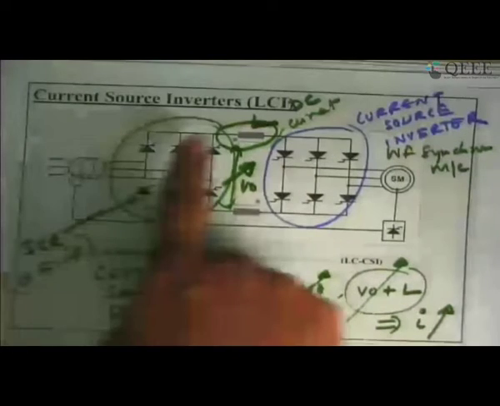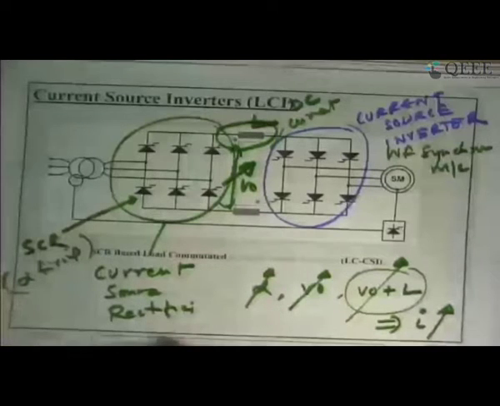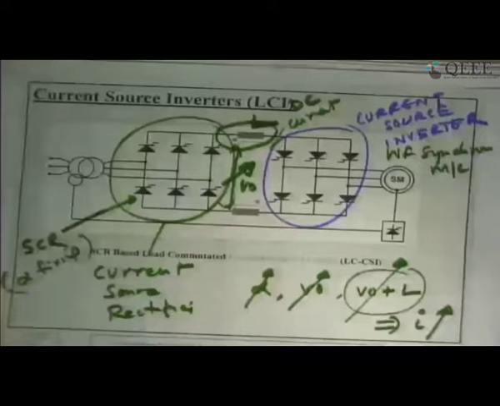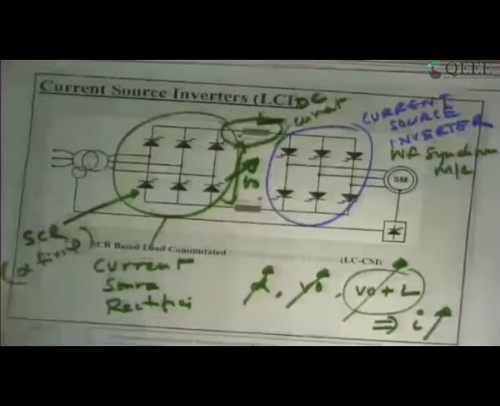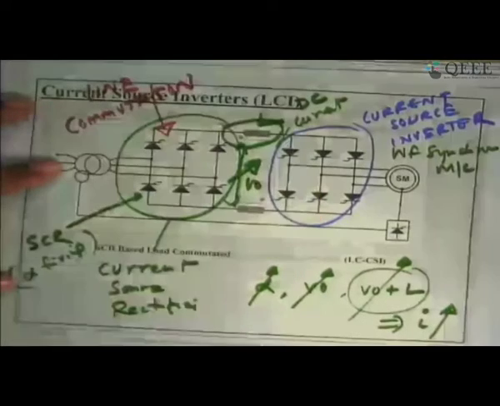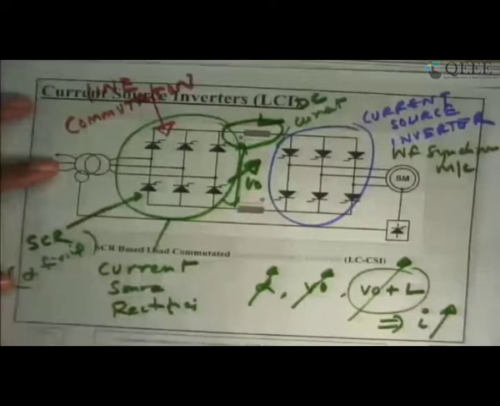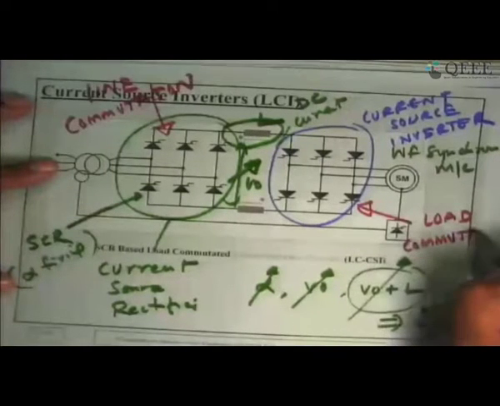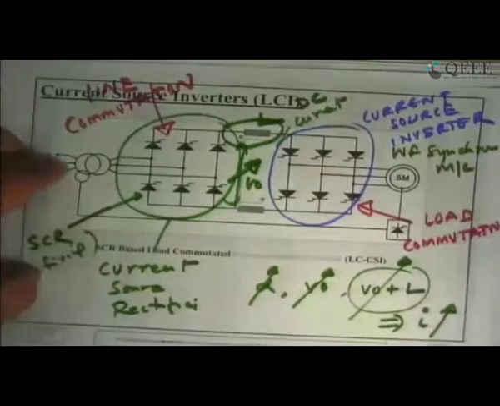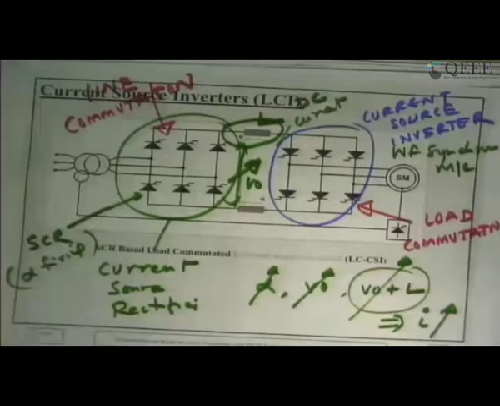It only gives currents to the motor. The rectifier needs line commutation, and so this kind of topology cannot be used.